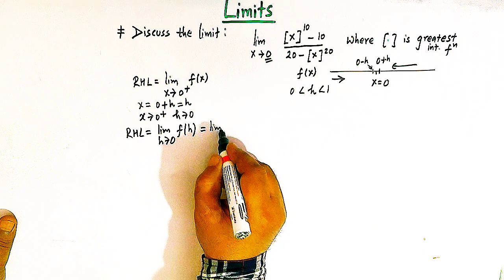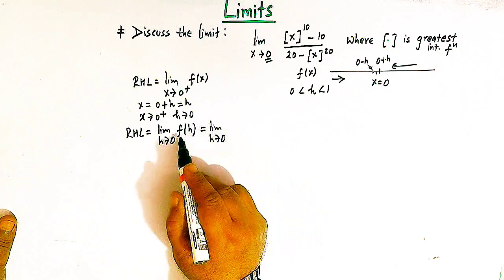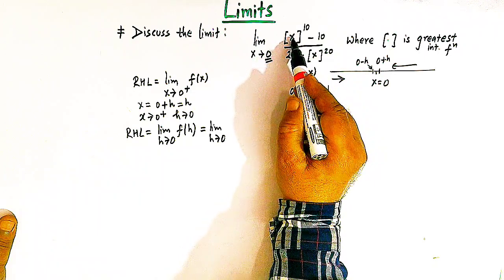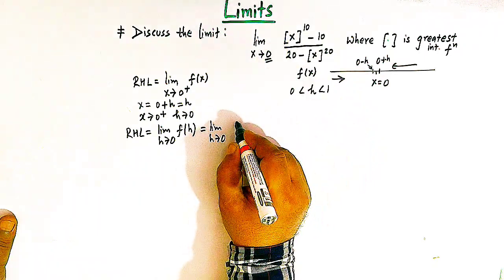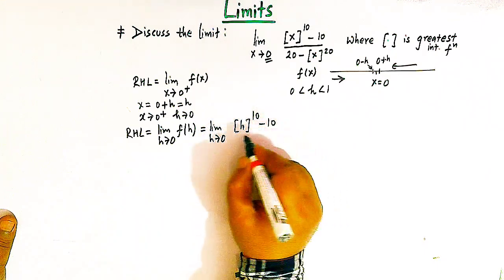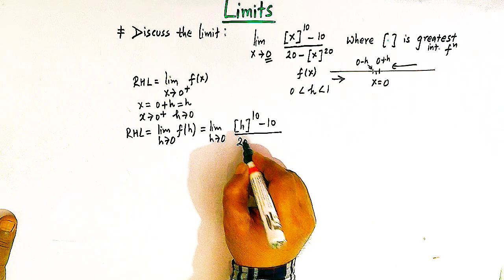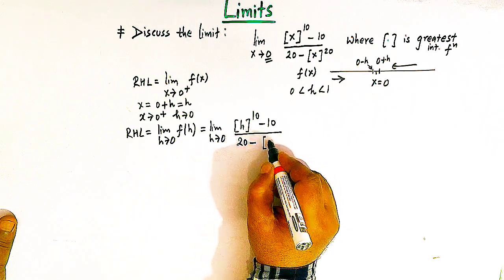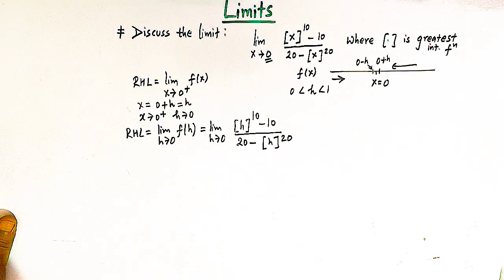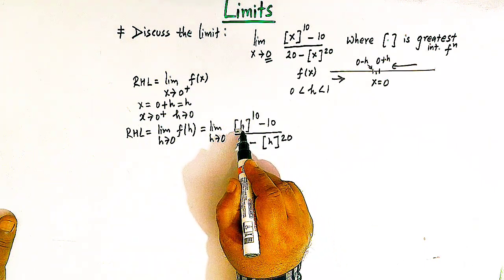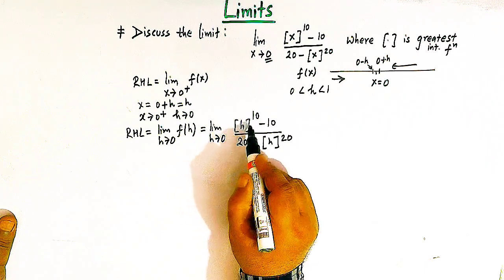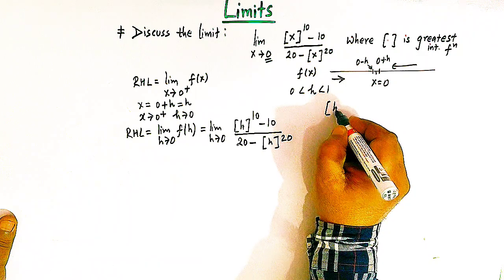Replacing x by h, we have limit h tends to 0 of (greatest integer of h)^10 minus 10, divided by 20 minus (greatest integer of h)^20. Now we will calculate the value of the greatest integer of h.